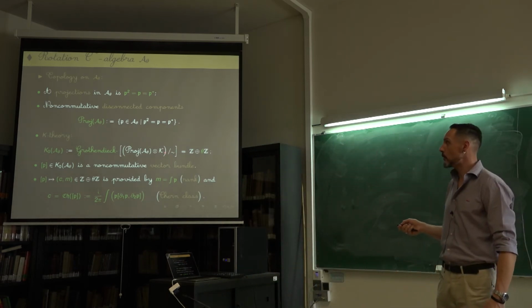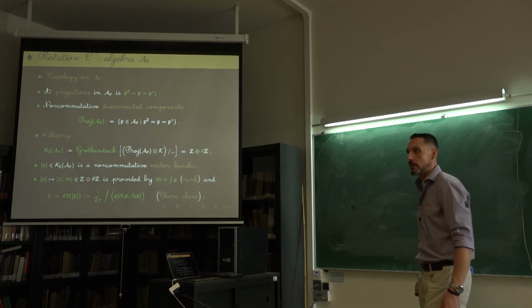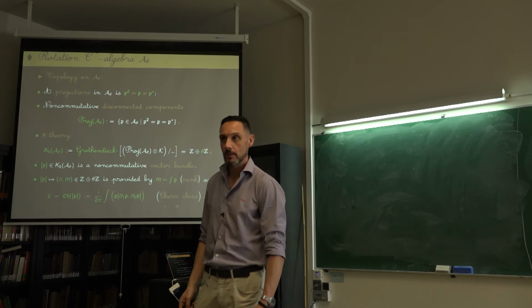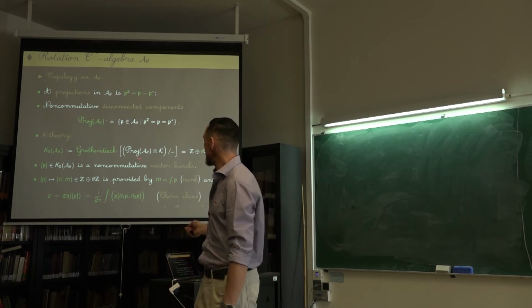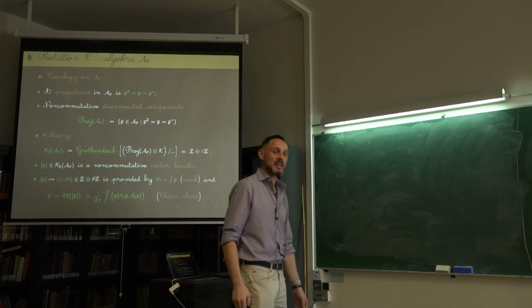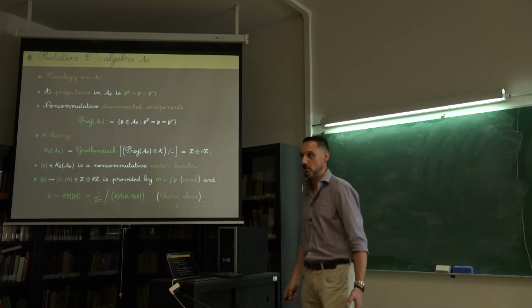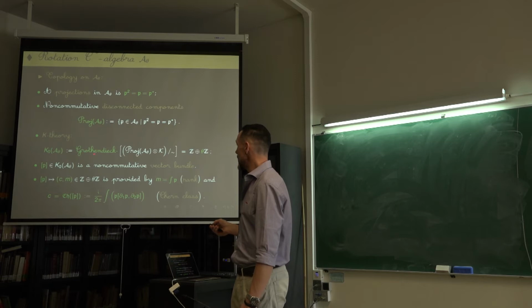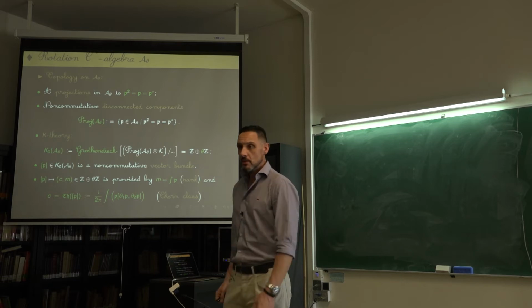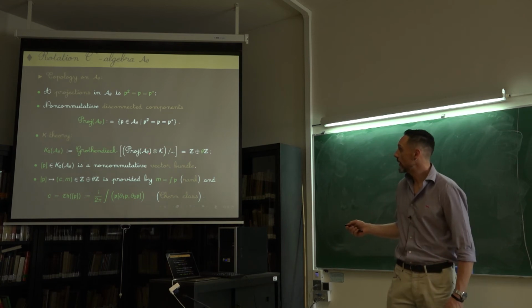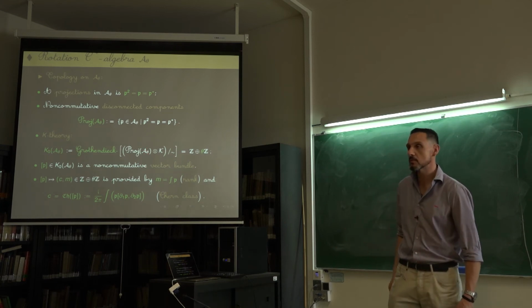And if I have a semigroup, I can construct a group with the Grothendieck procedure. Essentially this is the same way in which I can construct the integers starting from the natural numbers. This is the Grothendieck trick. And this is a group. This group describes the topology of my non-commutative space.